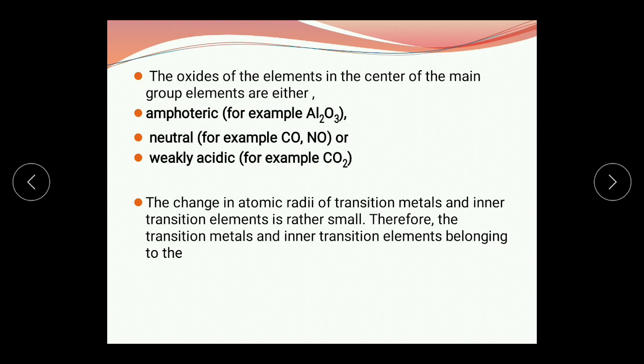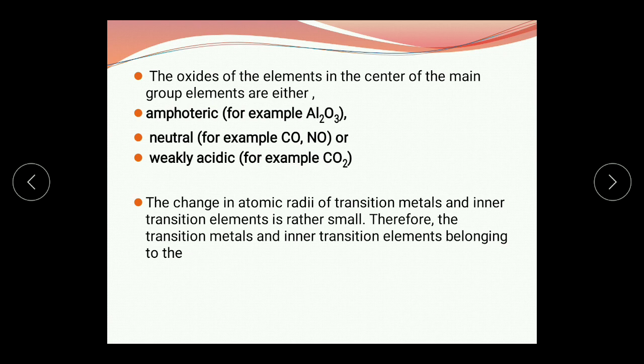There is not much change because in the d block we have seen there are 4 series, while in the f block there are 2 series. If you go across an individual series from left to right, there is not much change, hence there is not much change in the chemical properties either.